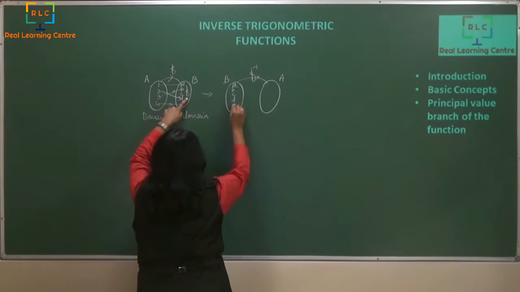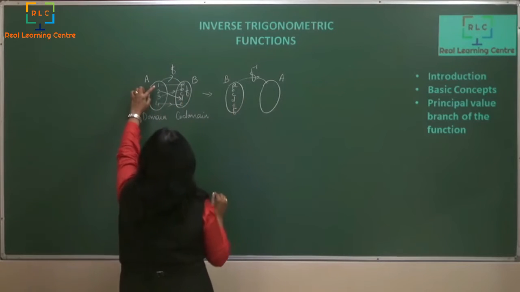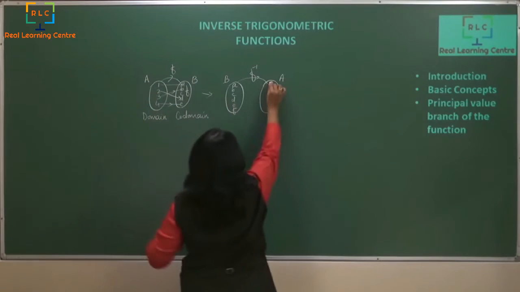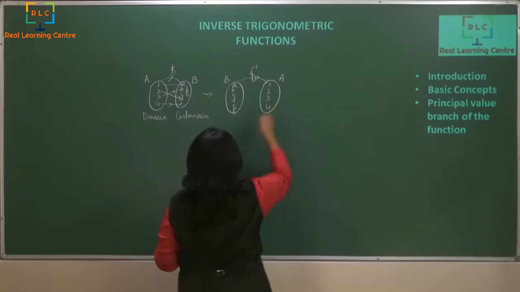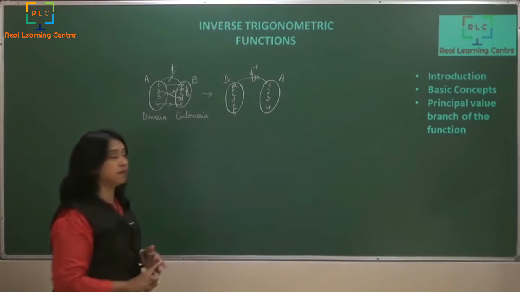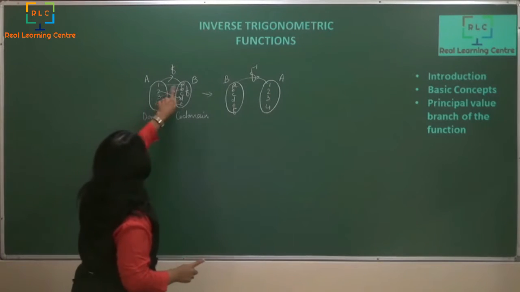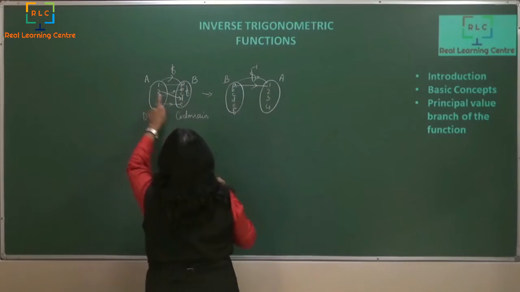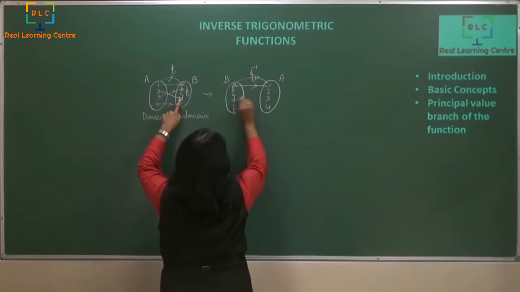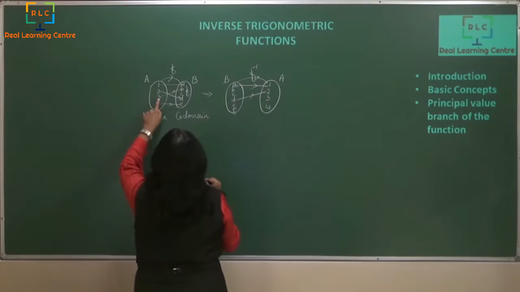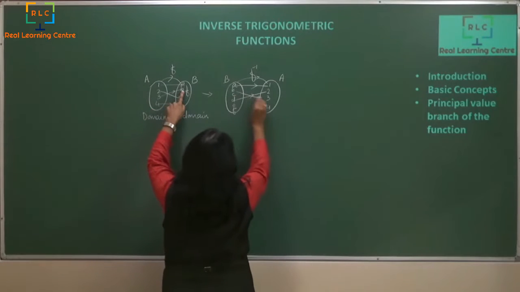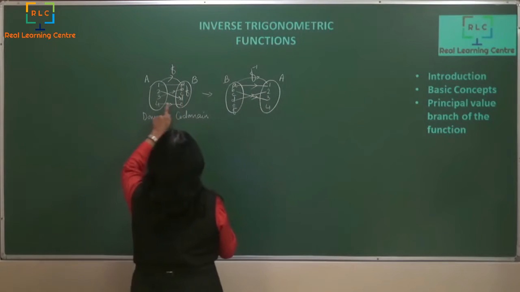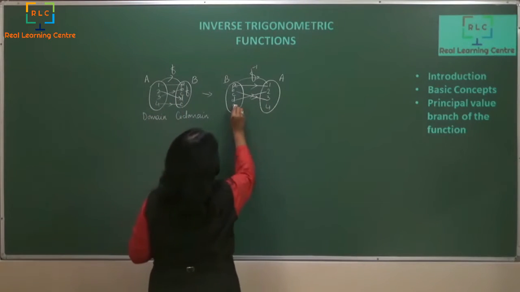And in the domain you had 1, 2, 3, 4, which will form the codomain now. And I shall do the same mapping. 1 is related to A, so I shall relate A to 1. 2 is mapped onto D, so D to 2. 3 is mapped onto B, so B to 3, and 4 to E, so E to 4.